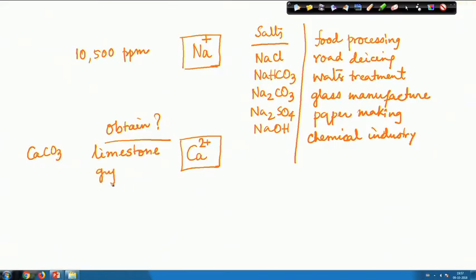Then gypsum, which is the corresponding sulphate salt with 2 water of hydration, and we all know that from gypsum we make plaster of Paris, where the water of hydration is different, but it has some other typical property for hardening and all other things as a good material.